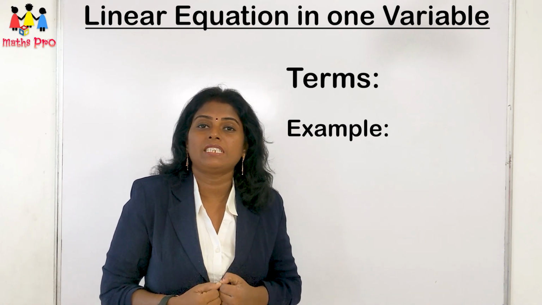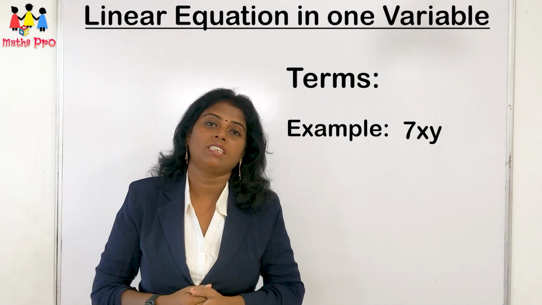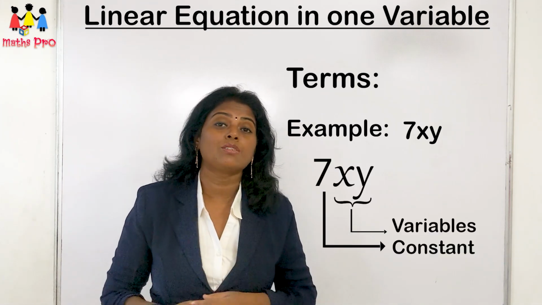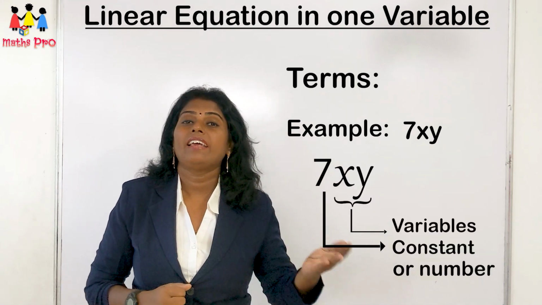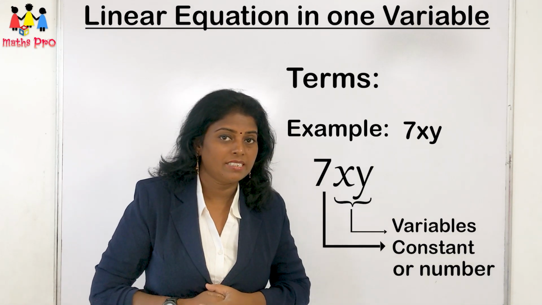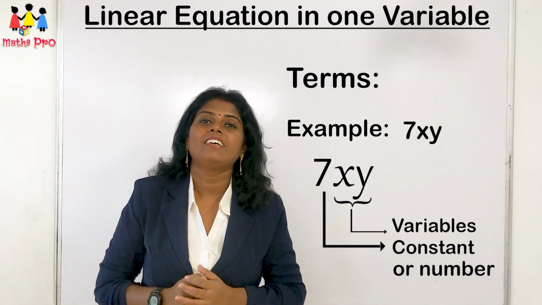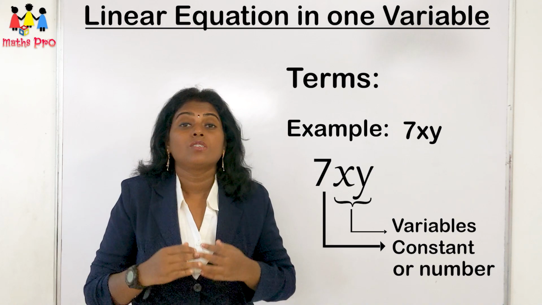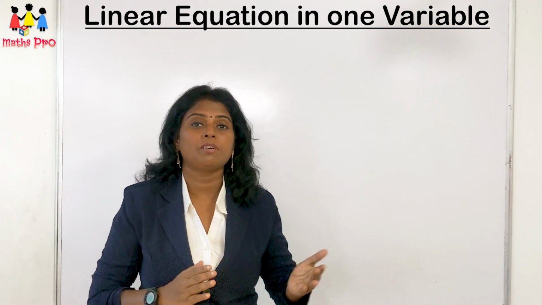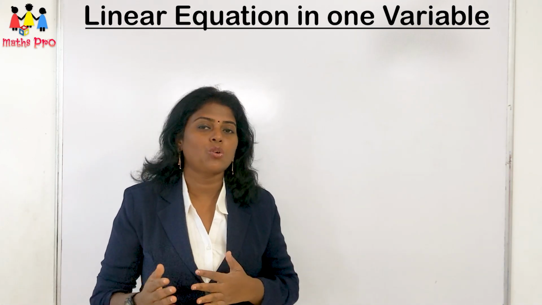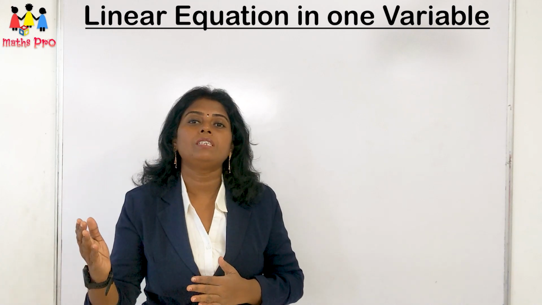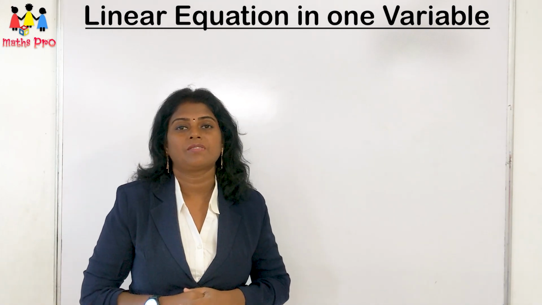Next example is 7xy: x and y are the variables, 7 is a number. So terms are the combinations of variables and constants.